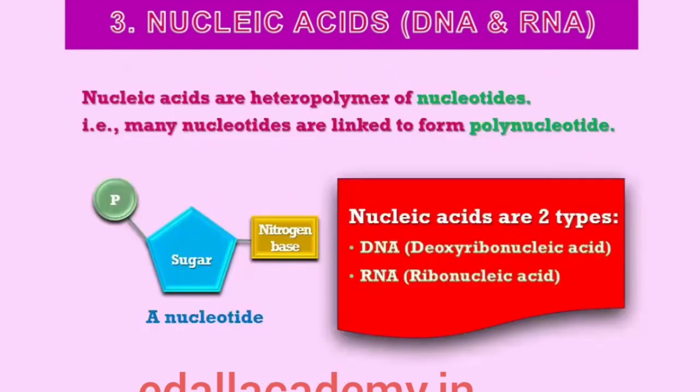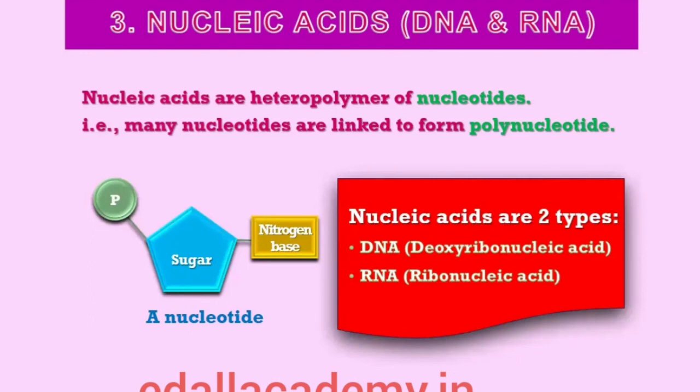For nucleic acids, the building block is called as nucleotide. A nucleotide has three chemically distinct components. One is a heterocyclic compound, the second is the monosaccharide, and the third is phosphoric acid or phosphate.